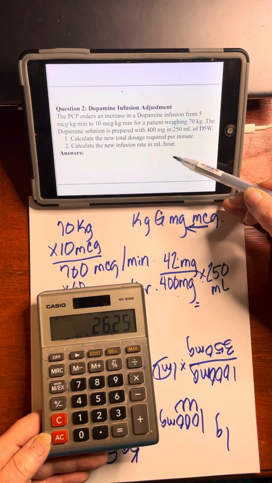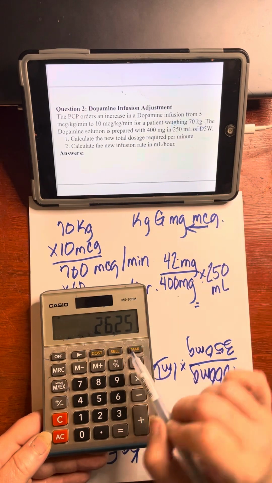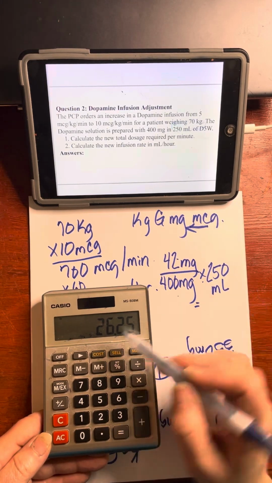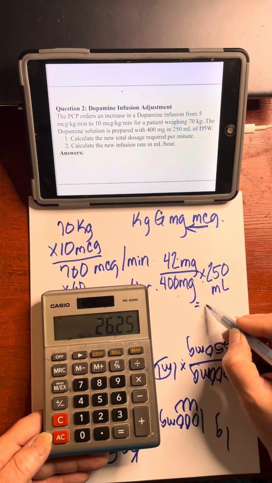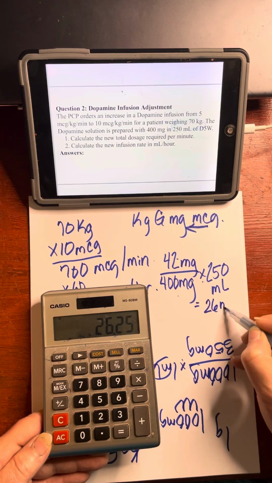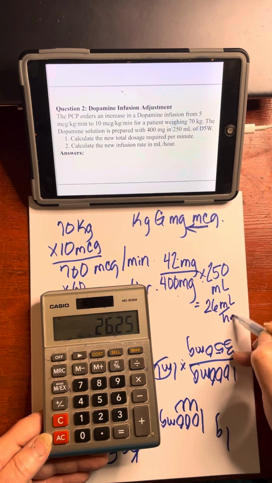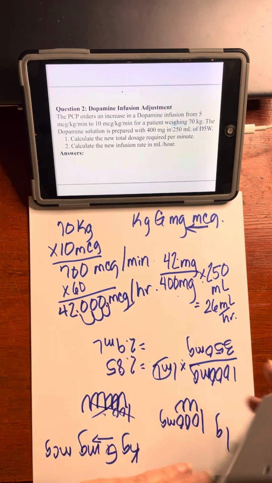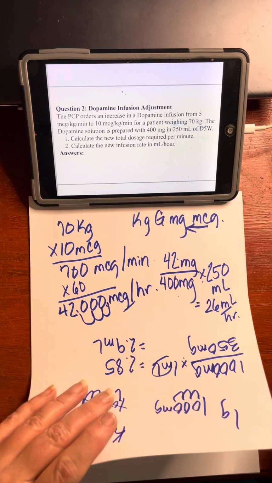It's milliliters per hour, and so I'm rounding it to the whole number. That 5 will make that a 3, but that's about all that's going to happen. So it would be 26 milliliters per hour, what you're going to set the pump at. Okay. All right. I know.